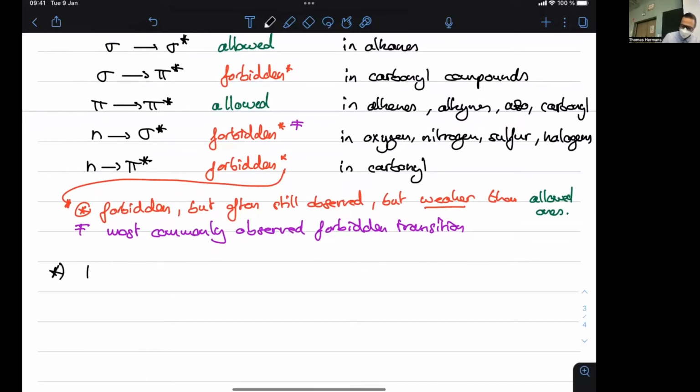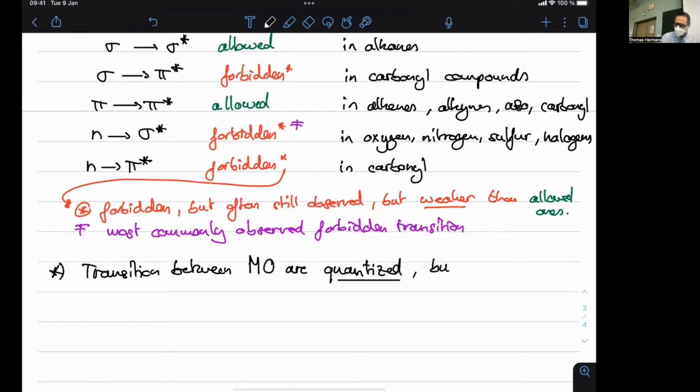So transitions between molecular orbitals are quantized, right? So you have exact energy levels. But the peaks that we observe are broad.